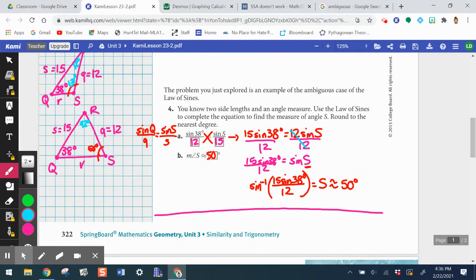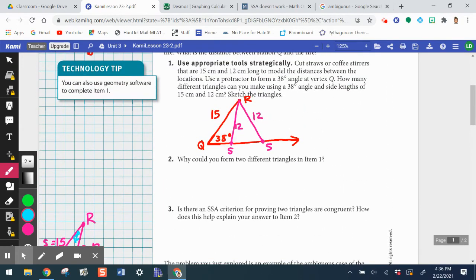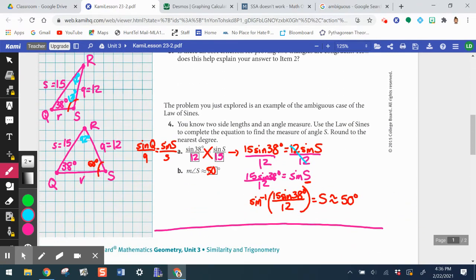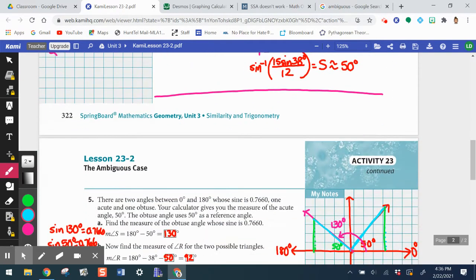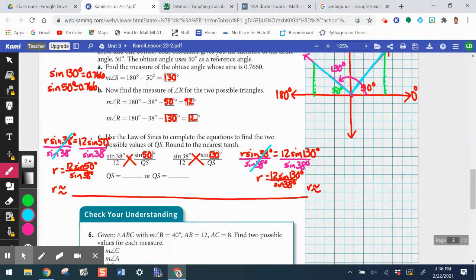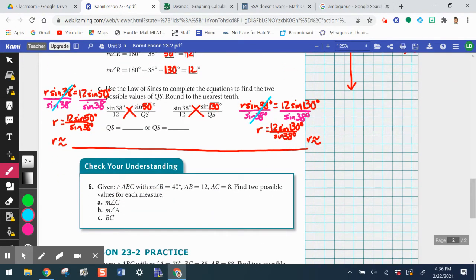Because not only are we changing the possibilities of angle S and angle R, we're also changing the possibilities of the distance between Q and S. Notice if it was the obtuse angle, QS is pretty narrow, and if it's the acute angle at S, then QS is pretty wide. So there's quite a bit of ambiguity based on what we are given.